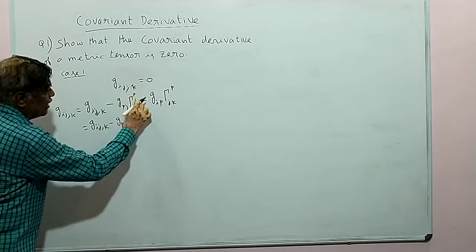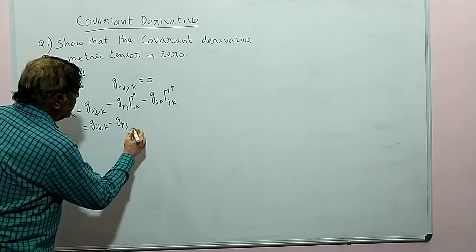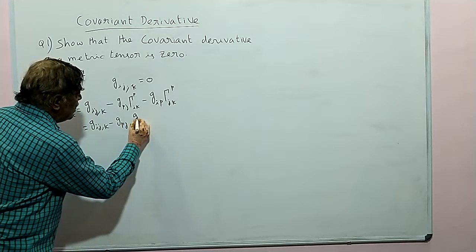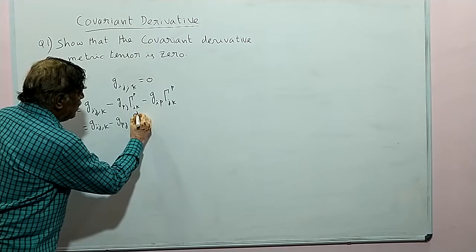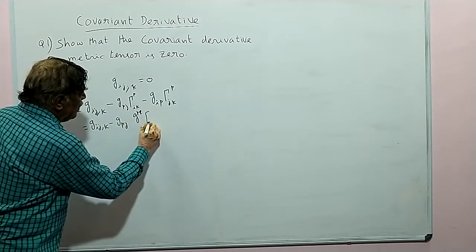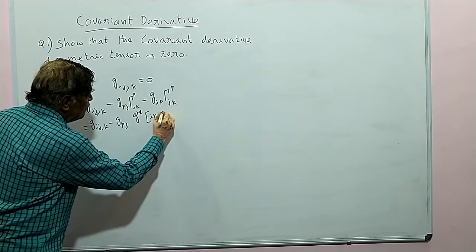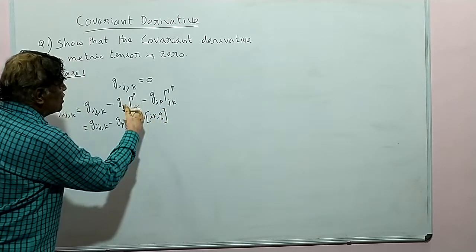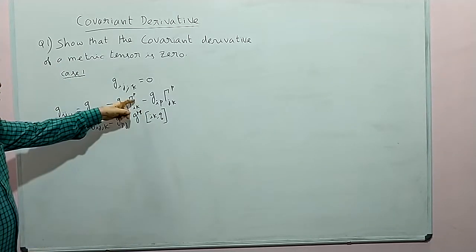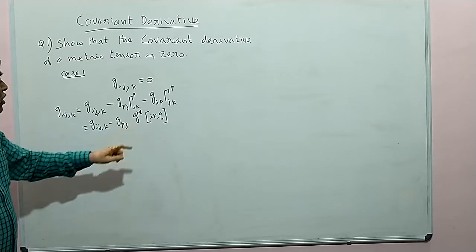g_pj. Now, let us express the Christoffel symbols of the second kind in terms of the first kind. For this, you put g^pq and [ik, q]. So, the Christoffel symbols of the second kind may be expressed in terms of the first kind in this form.